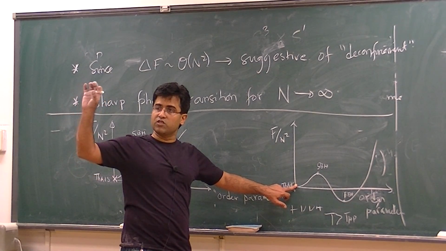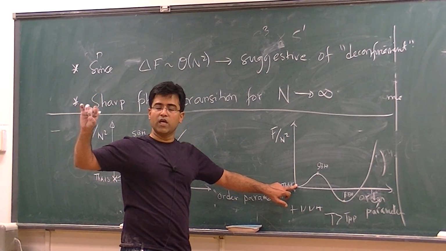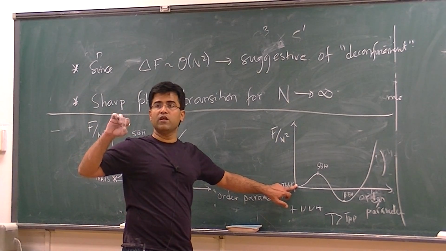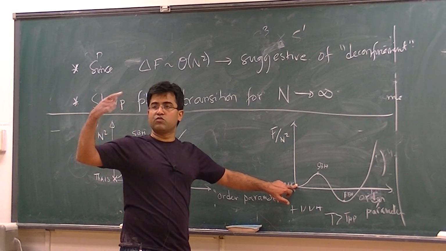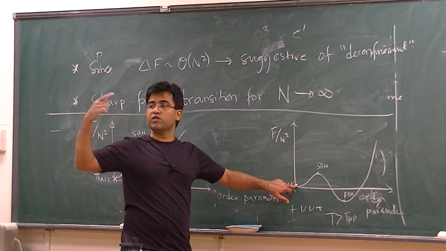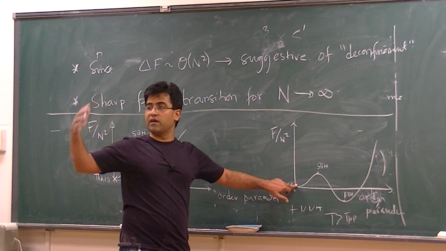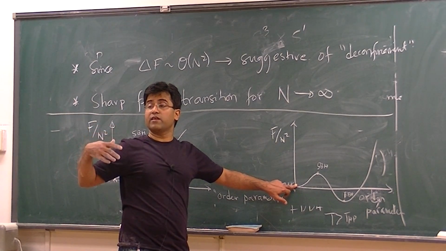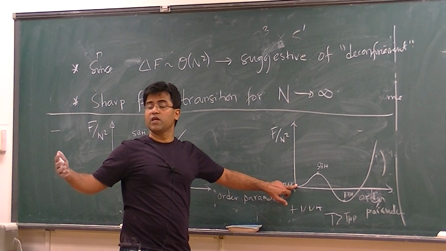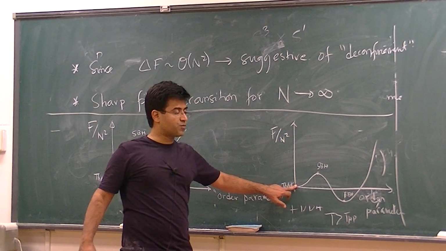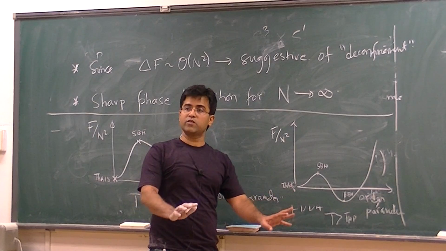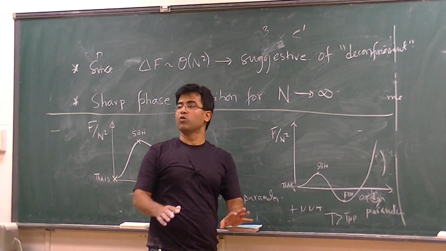So when the thermal circle is shrinking and becoming smaller and smaller and comparable to the string scale, what can happen is that winding modes of the string around the thermal circle can become light, and in fact eventually they can condense. The condensation of the winding modes is precisely something that one associates to the formation of a black hole.